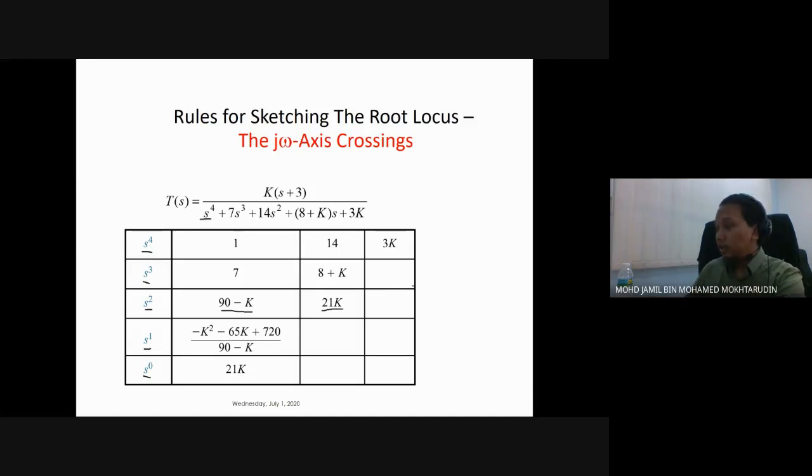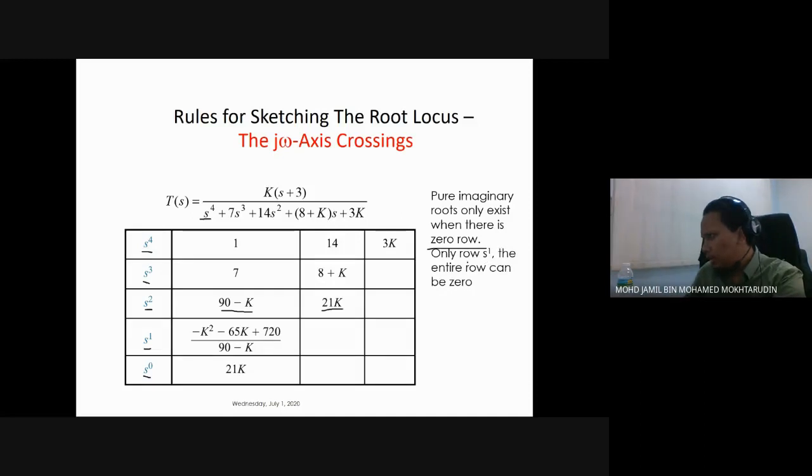And then you need to determine the value of k at the JW axis crossing. Pure imaginary roots only exist when there is a zero row. So you need to find the row such that it becomes 0.